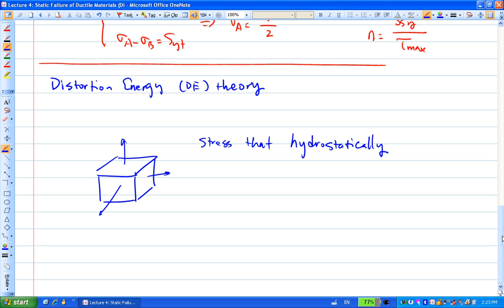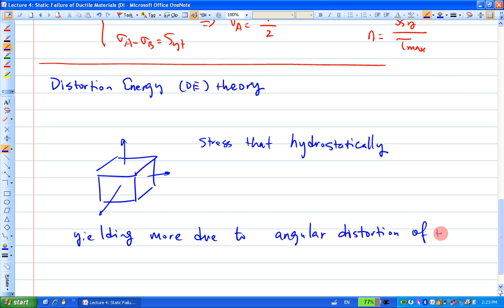So here's the conclusion: the failure, the yielding, is more due to the so-called angular distortion energy, the angular distortion of the elements.